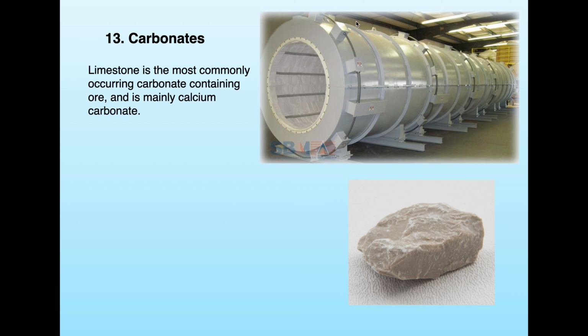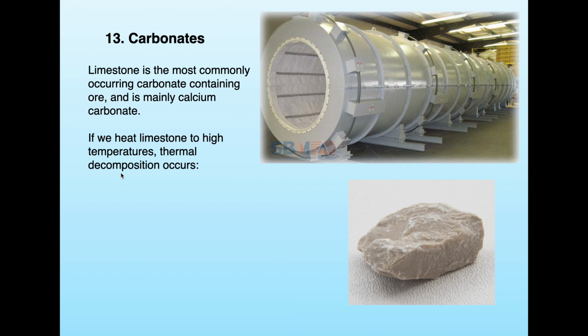This is what's called a kiln, K-I-L-N, and it's meant to heat the calcium carbonate to a very high temperature. The whole thing rotates, I think, so it rotates and heats it, constantly moving it to cause thermal decomposition.